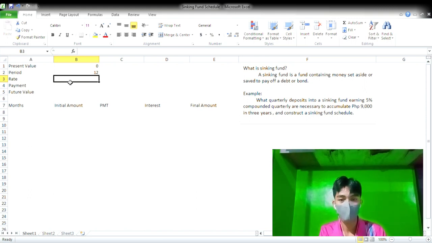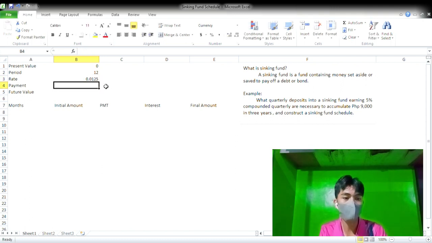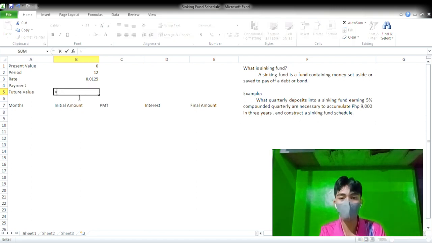And our rate equals sign, 5% in decimal form is 0.05 divided by the M. Our M is 4. Therefore, our rate is 0.0125. And our future value equals sign the 9,000 pesos.